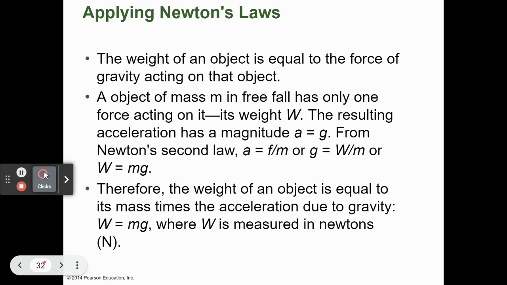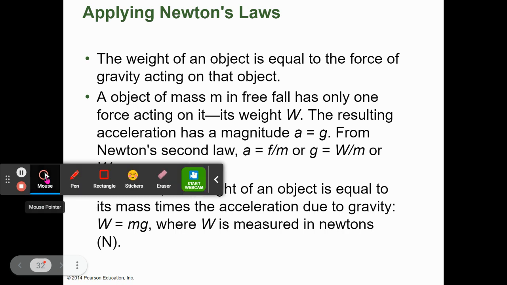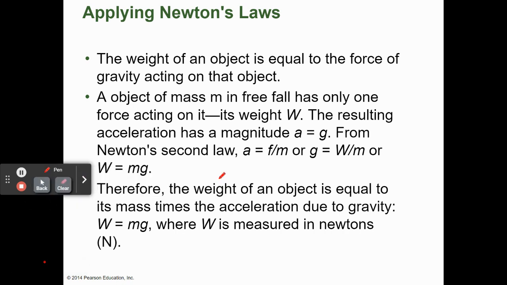The weight of an object is equal to the force of gravity acting on it. So weight is always represented as force times gravity. Okay, and that's just applying Newton's second law in the situation of gravity. So the weight of an object is equal to its mass times its acceleration due to gravity.